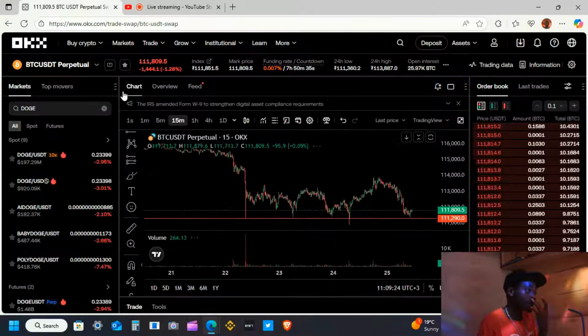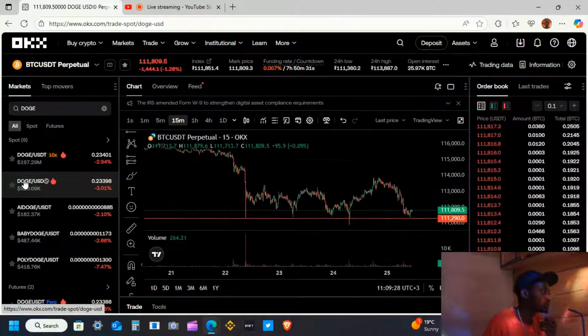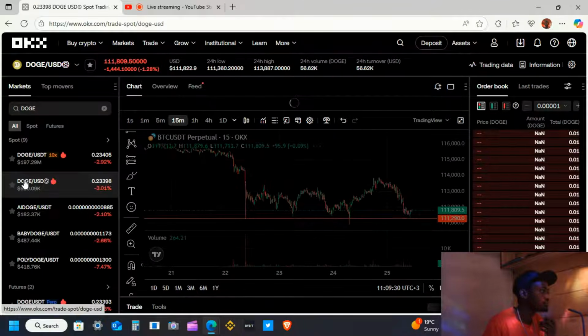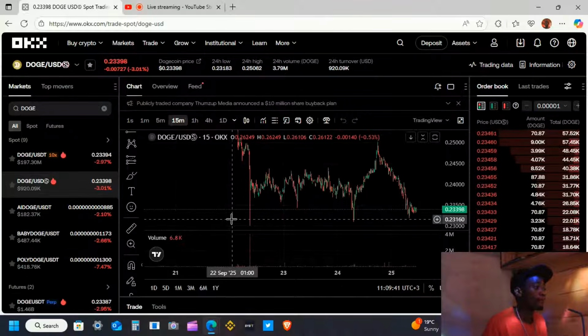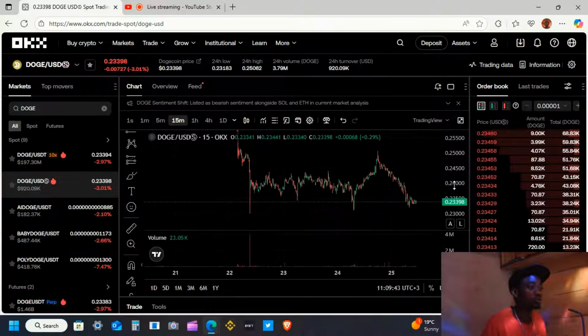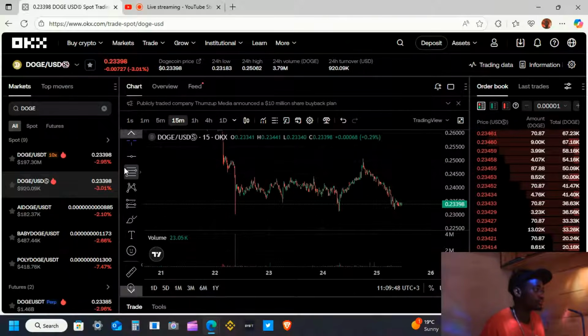Many charts, probably Doge included, are at their support level. Many coins are driven by BTC. So when BTC goes up, most coins will go up, and if BTC drops, many coins will be dropping.